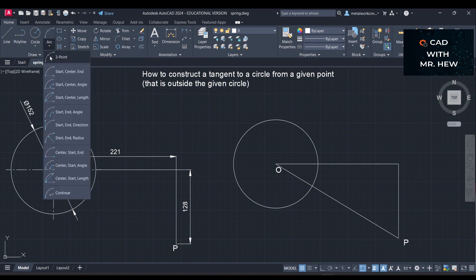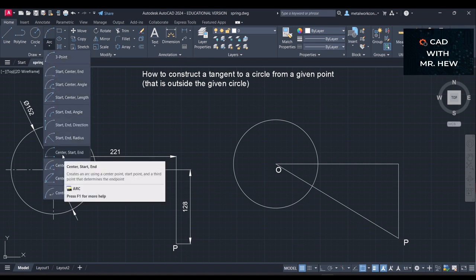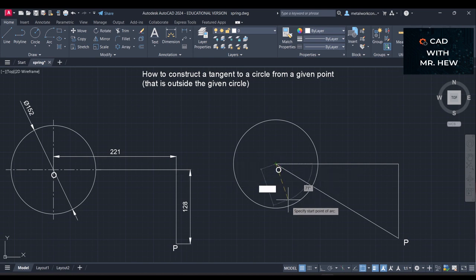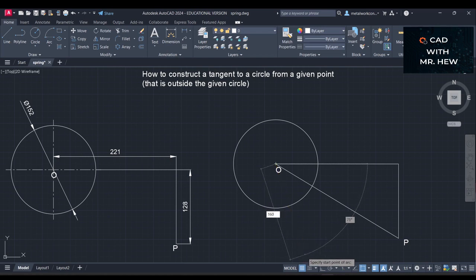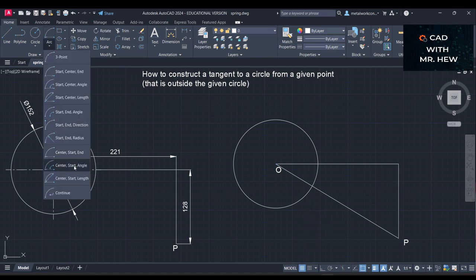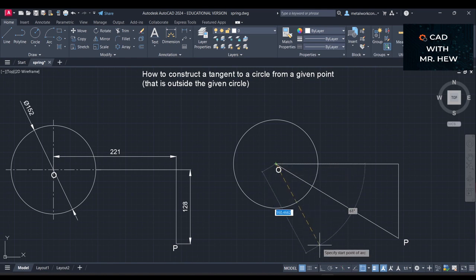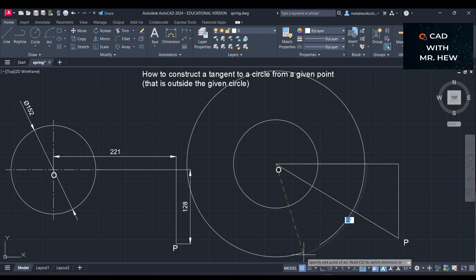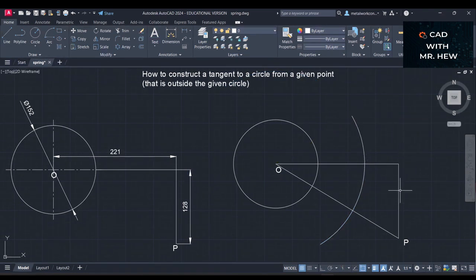Now we're going to bisect the given line, the line OP. We can use our arc command, center O. Here we have our first arc.